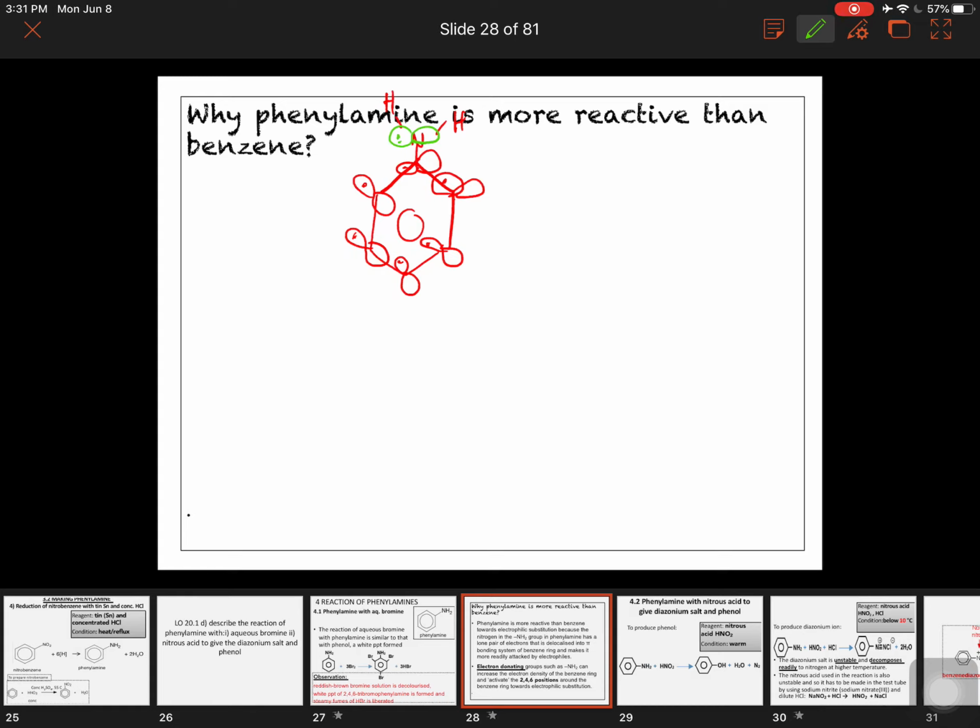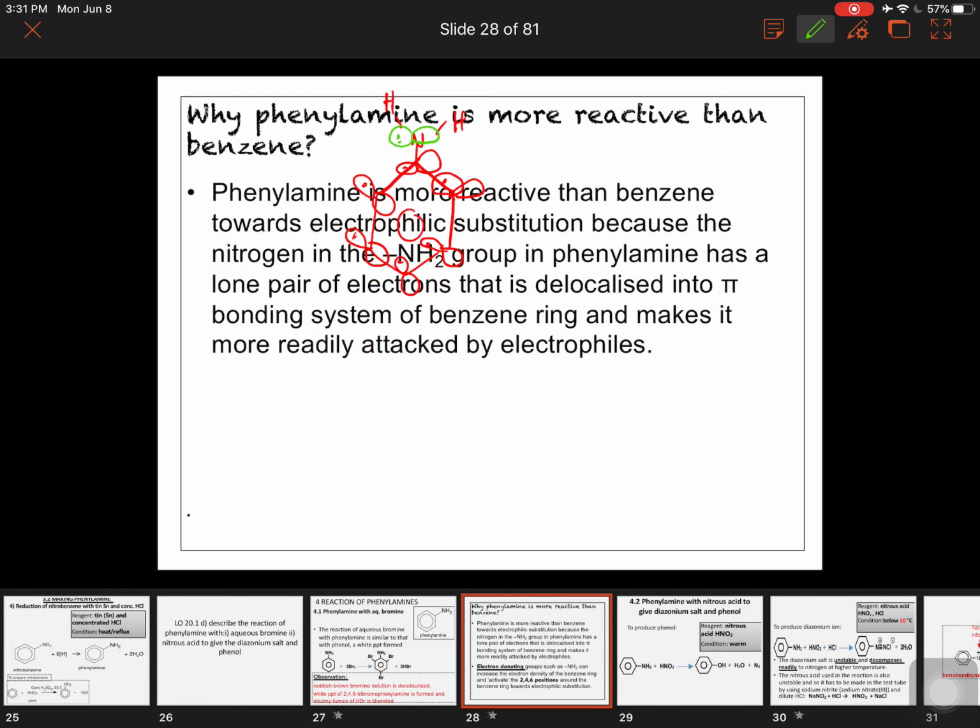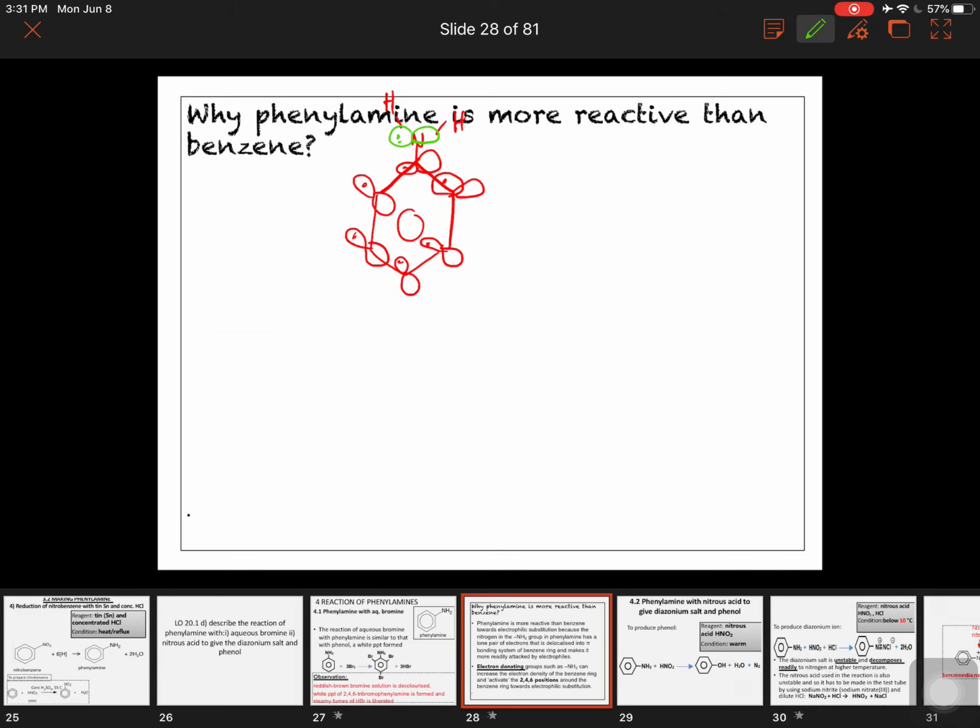So in benzene, the delocalization of the pi bonding system is only limited to the one inside the ring. With phenylamine, the delocalization is extended throughout and including the lone pair of the nitrogen. So the delocalization looks something like this. The lone pair of the nitrogen will move inside the ring as well.